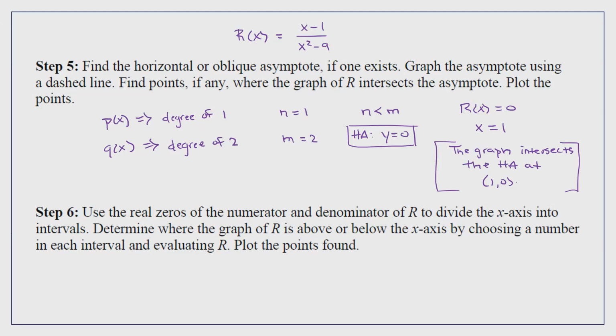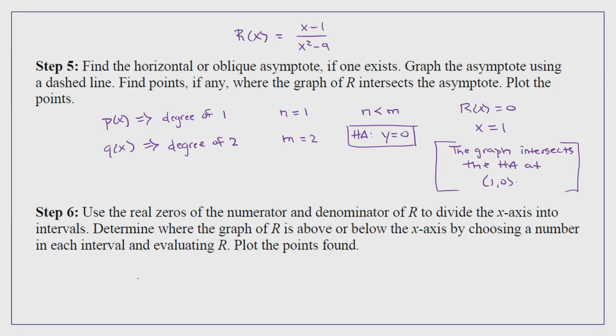Okay, awesome. Now for step number 6, we're going to use the real zeros of the numerator and denominator of R to divide the x-axis into intervals, and then determine where the graph of R is above or below the x-axis by choosing a number in each interval and evaluating R, and then plot those points that we find.